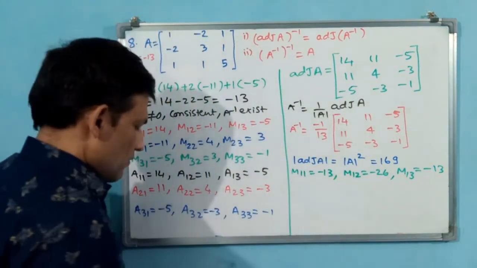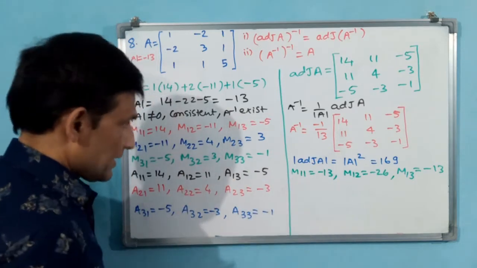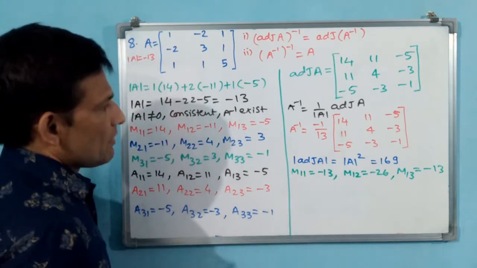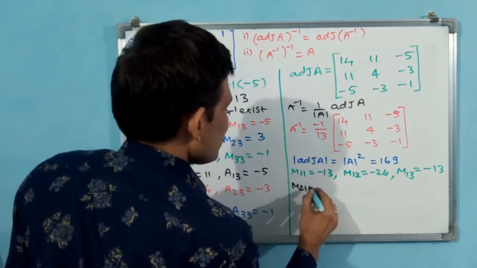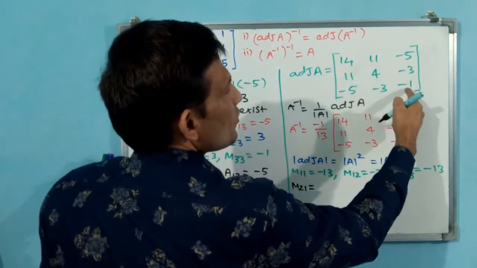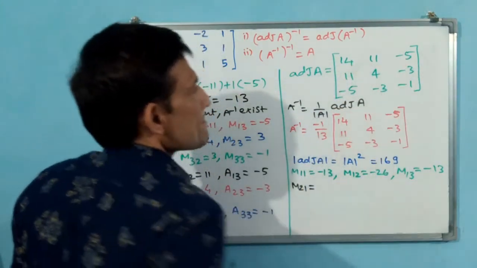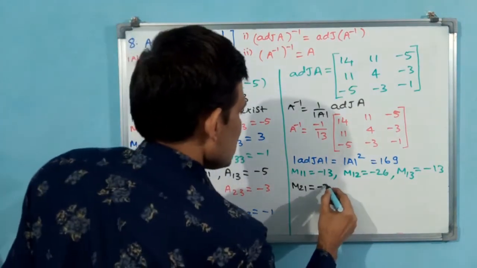We will find only the minors, then we will find the cofactors. Let us see what is to be done. M21. You are closing this 11. If you close 11, -11, -15, that is -26.